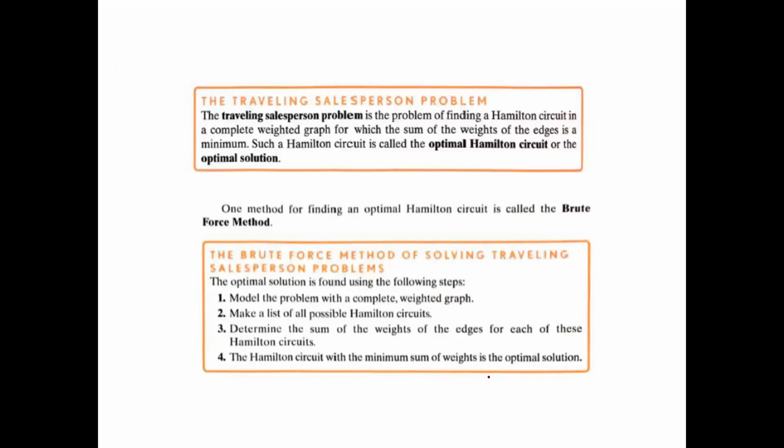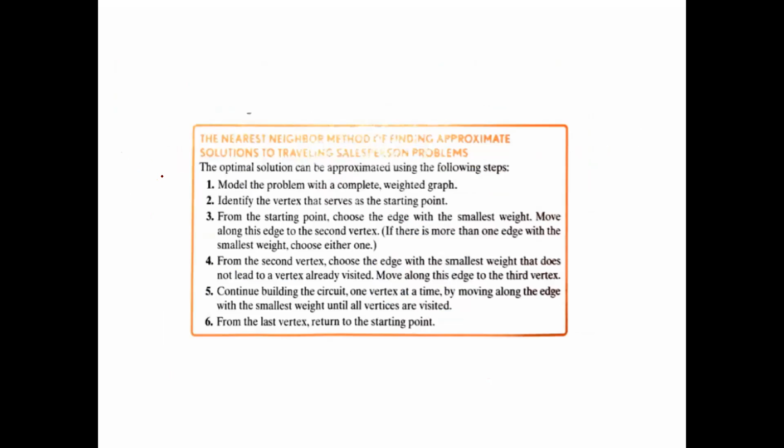All right, so next what I'll have you guys do is talk about the traveling salesperson's problem. Go ahead and read that. And then let's talk about the example that we have here.